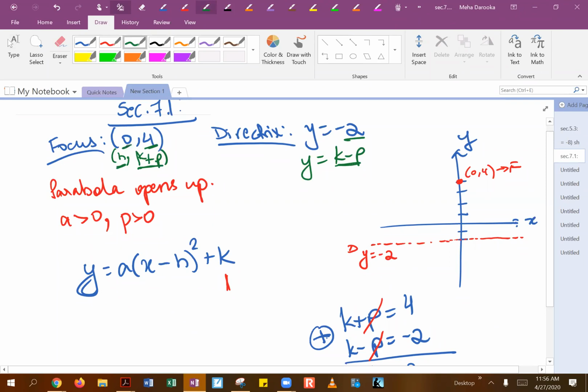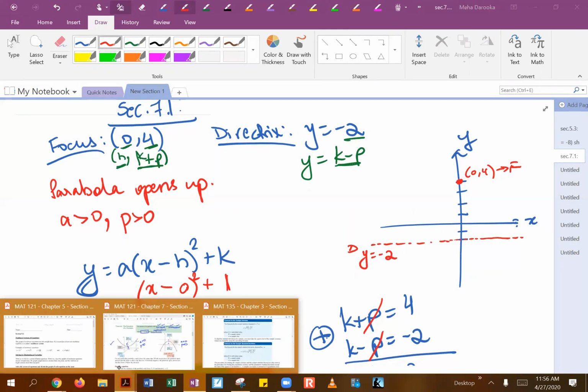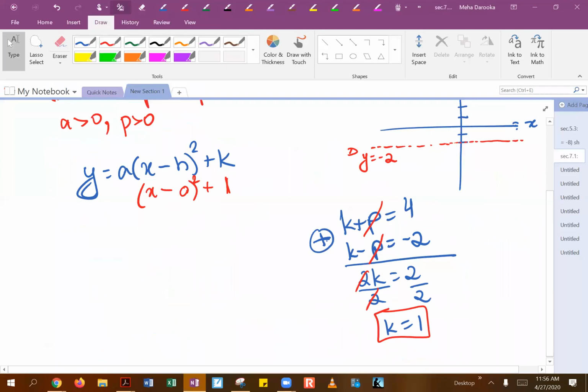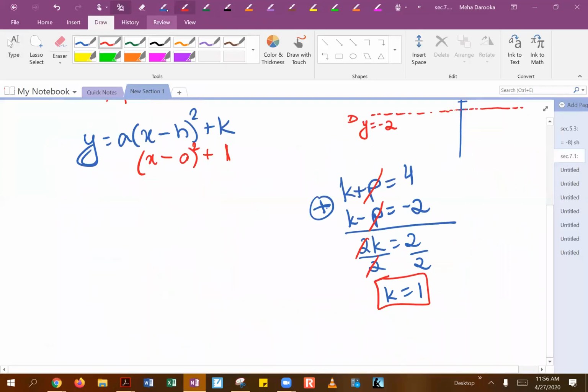So our H value is already 0. That means we only really need to find that A value to finish coming up with our equation. And for that A value, we need to use this relationship between A and P: A equals 1 divided by 4P.